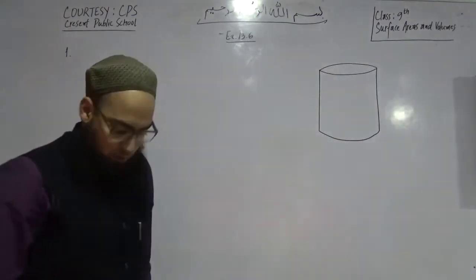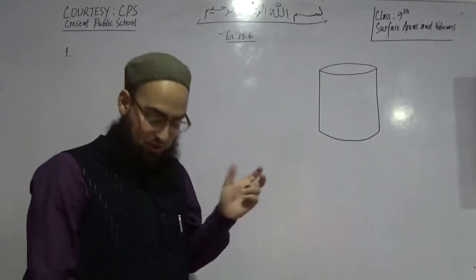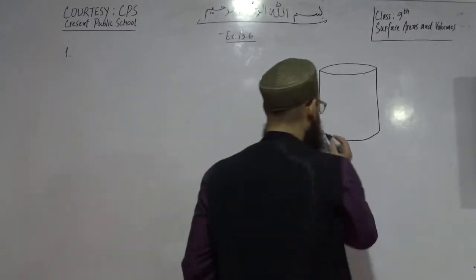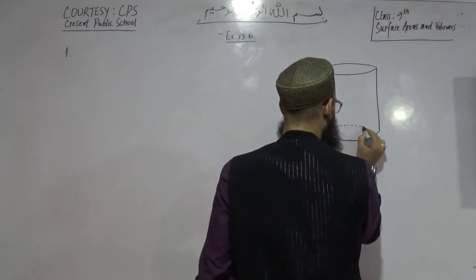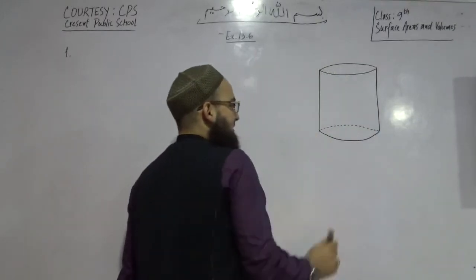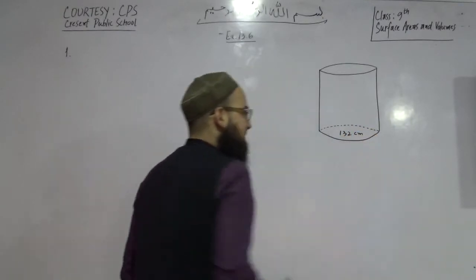This is a cylindrical vessel and it says the circumference of the base of the cylindrical vessel is 132 centimeter. This is the circumference of the base, so this is 132 centimeter.